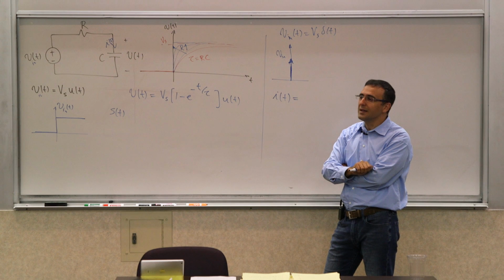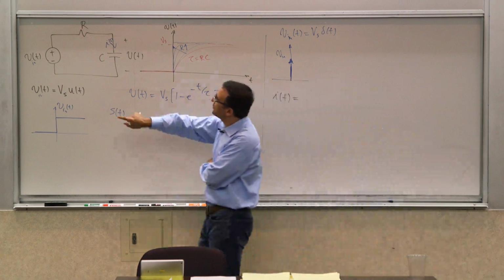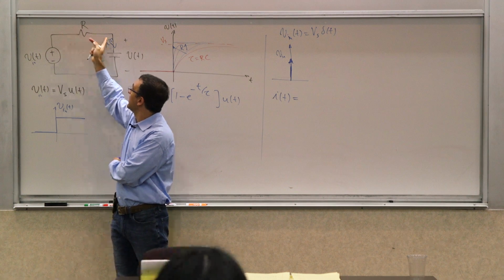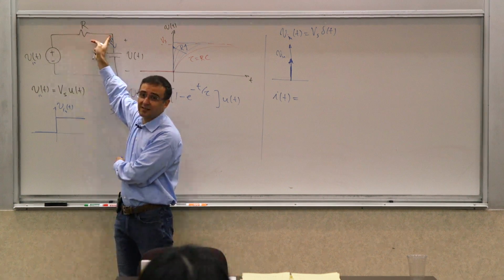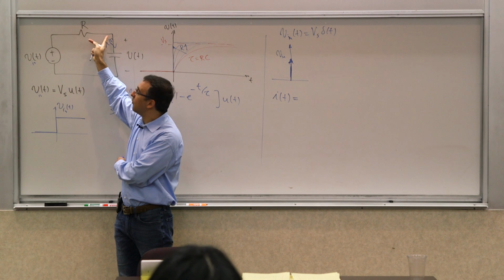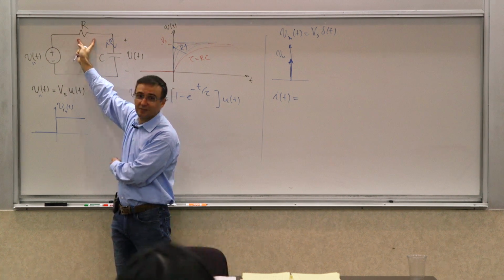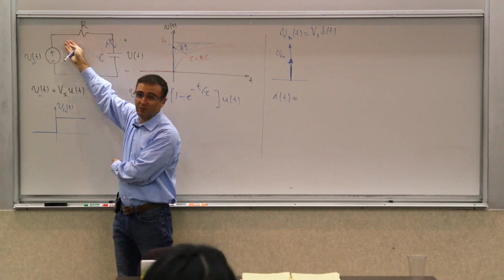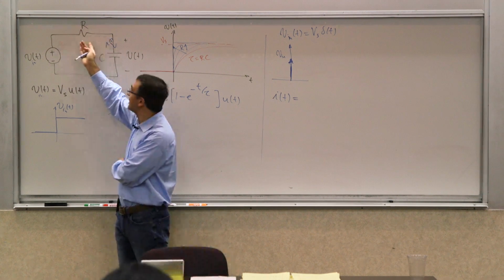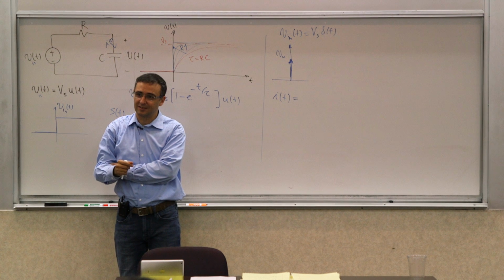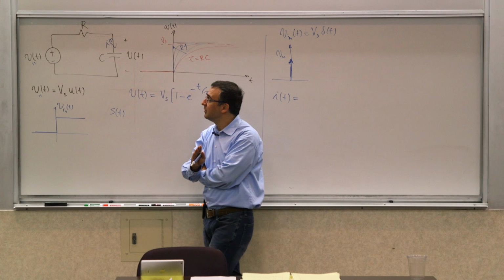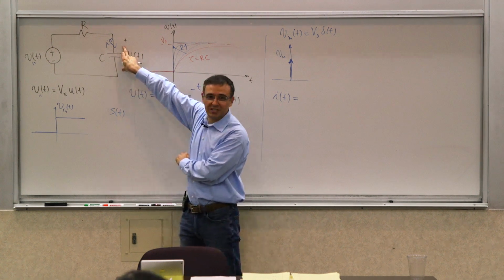Think about it. If this voltage is infinity and this voltage is finite, what determines this current? Which one of these two voltages? The infinity one, because it's infinity minus the finite, divided by R. So for that time t equals 0, it doesn't really matter what this voltage is as long as it's finite.